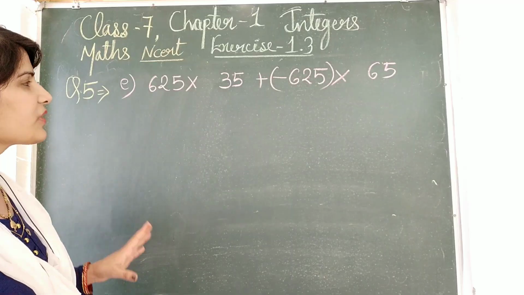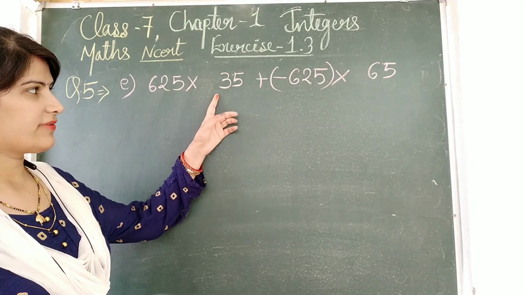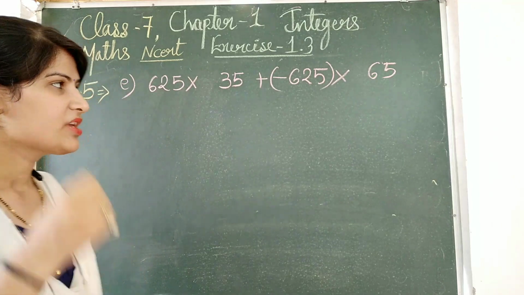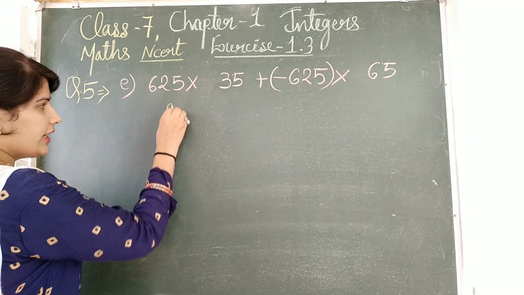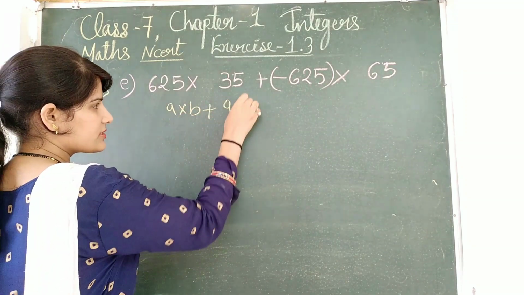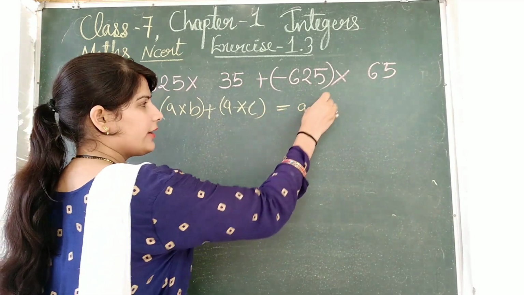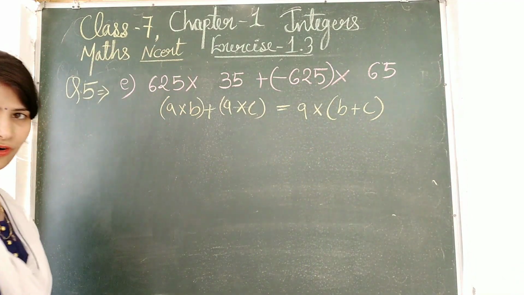Fifth, E part. What is our E part? Here is 625 into 35 plus 625 into 65, right? So by using distributive law. What is distributive law? A into B plus A into C is equal to A into B plus C. This is our distributive law, right?